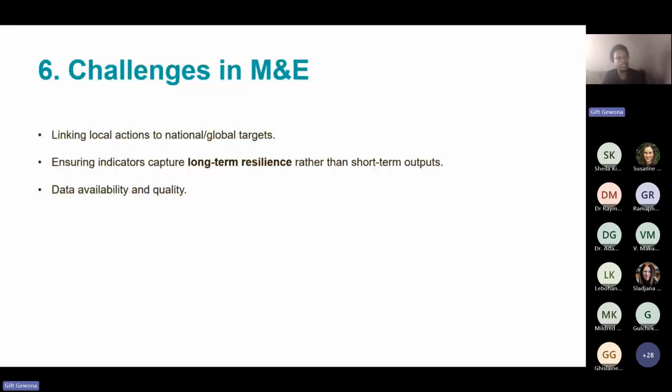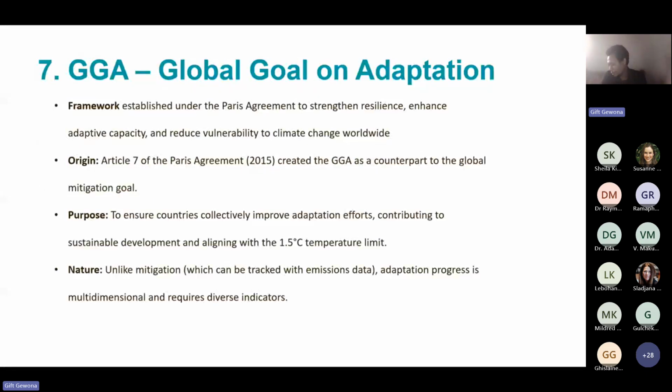All right, I'll speak briefly now on the global goal on adaptation, which is a framework that was established under the Paris Agreement and is aligned with the NAP process, whereby we want to strengthen resilience, enhance adaptive capacity, and reduce vulnerability to climate change worldwide. The global goal on adaptation has a set of indicators across different sectors that countries can pick from, and contextualize at the national level.